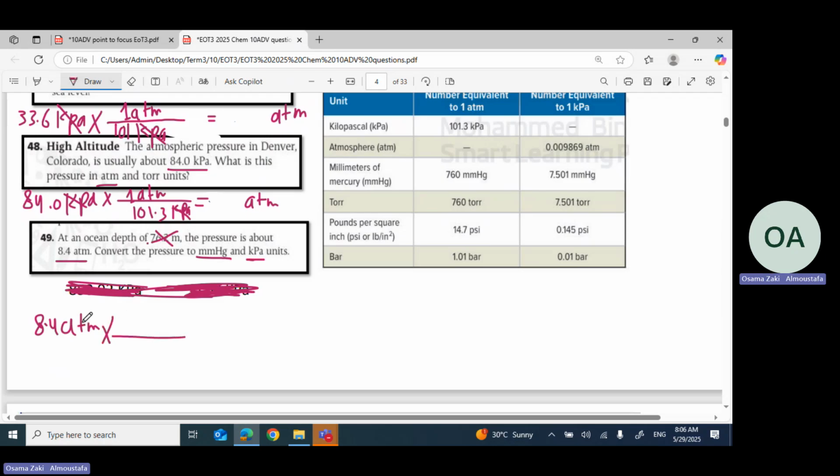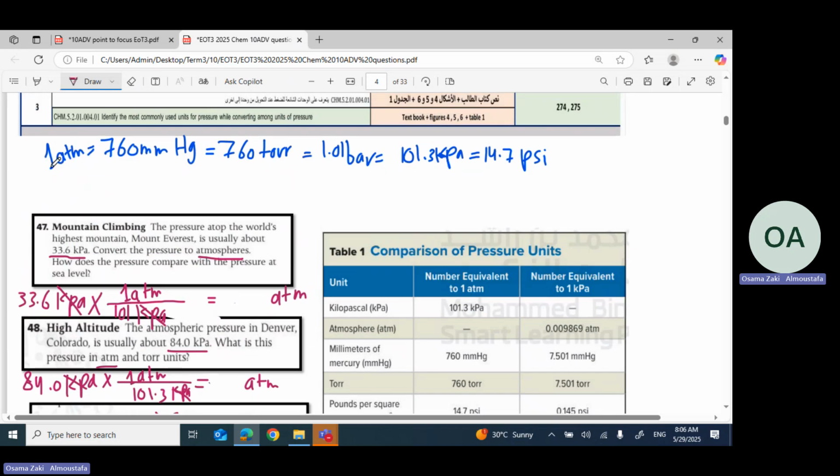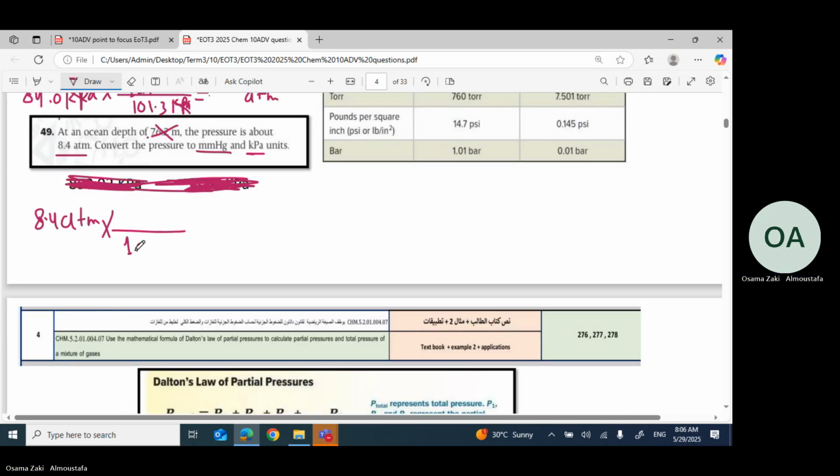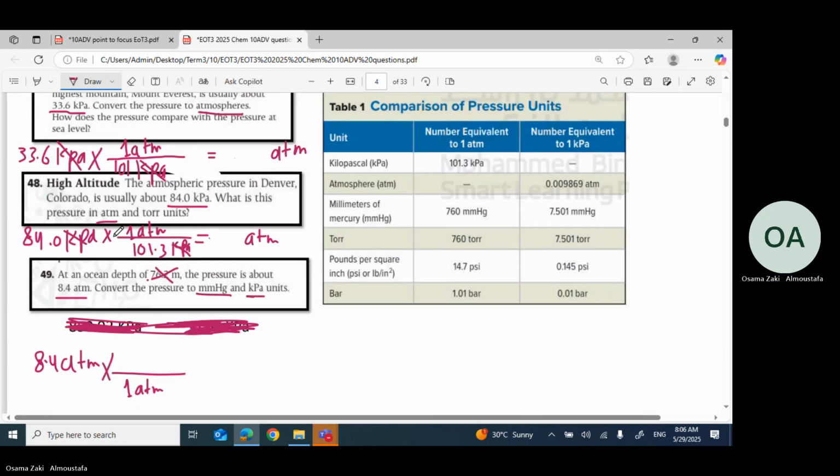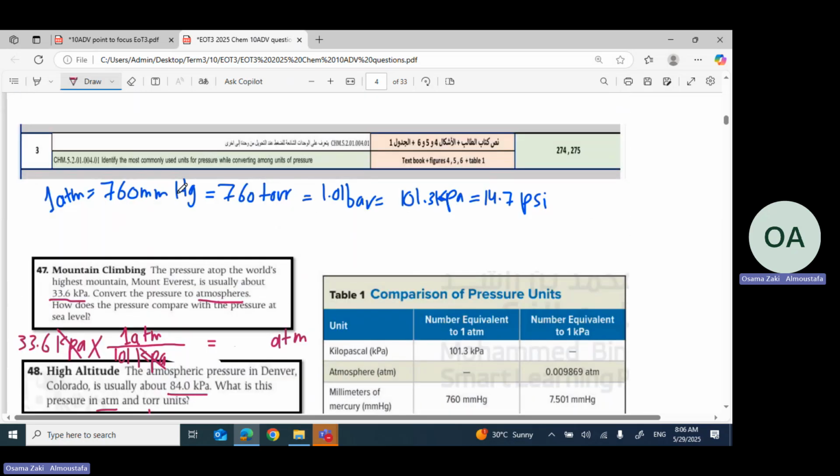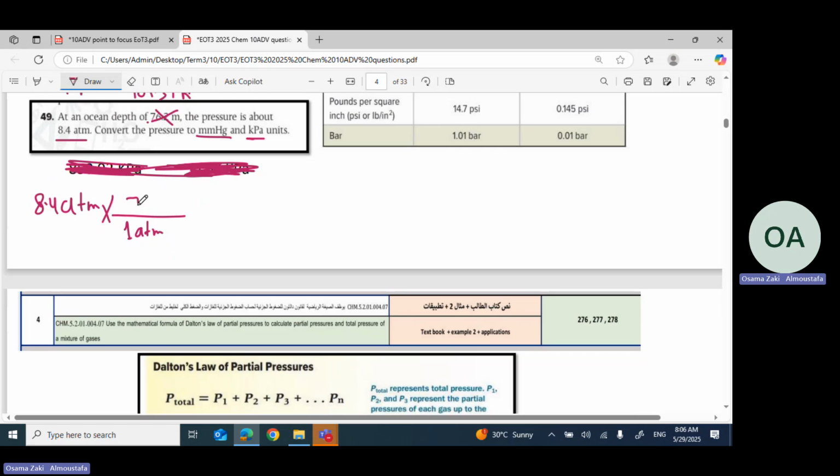ATM is 1 ATM, so we keep it down. And millimeter mercury is 760. So this is 760 millimeter mercury. Then you can cancel ATM and ATM to get the answer in millimeter mercury.